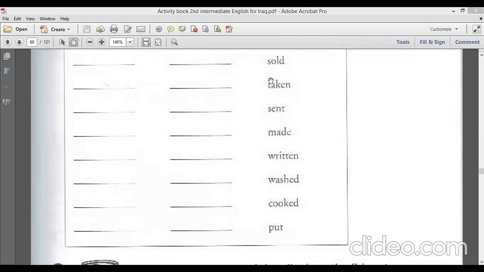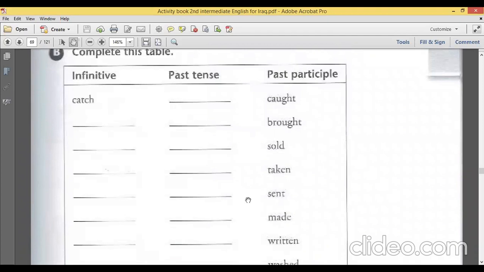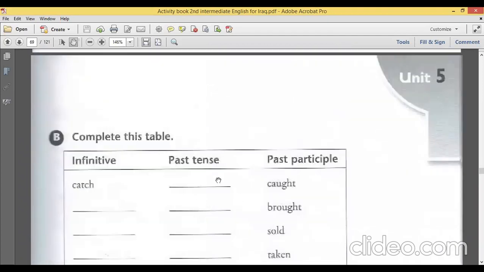Cook. And in the past tense, it's also cooked. Now, the original form of the verb put is put, exactly. And the past tense is also put. So this is all about exercise B of lesson 4.